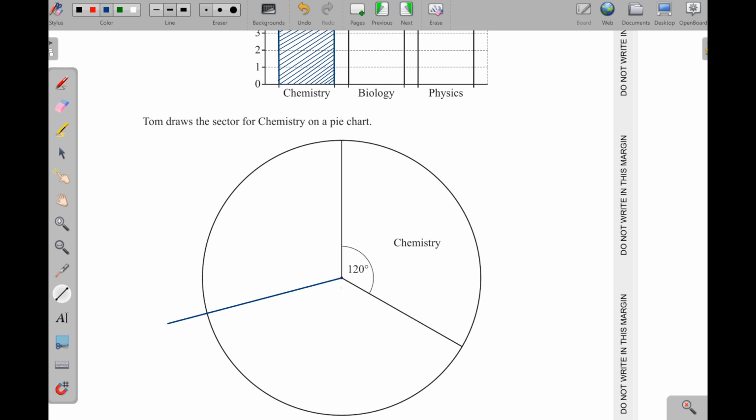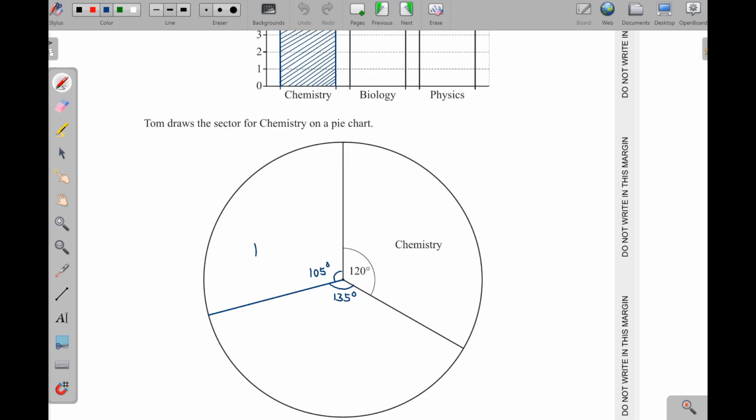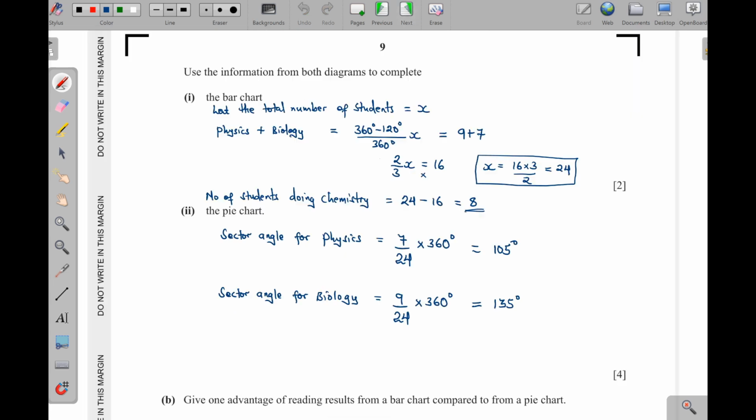Okay, the point was outside. So you need to take this one off, and what I measured here is 105 degrees. That means this one here is 135 degrees. Now 105 is for physics. So I'll put physics here, and then I'll put biology in this sector of 135 degrees. Okay, as simple as that.